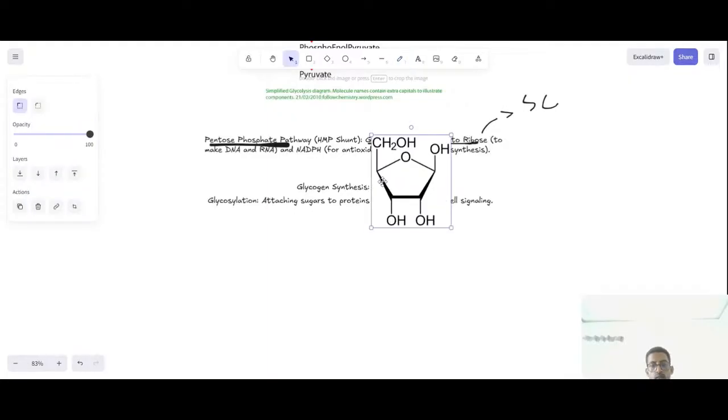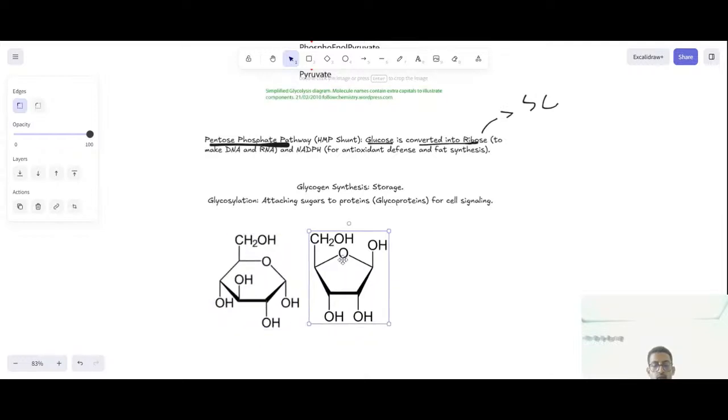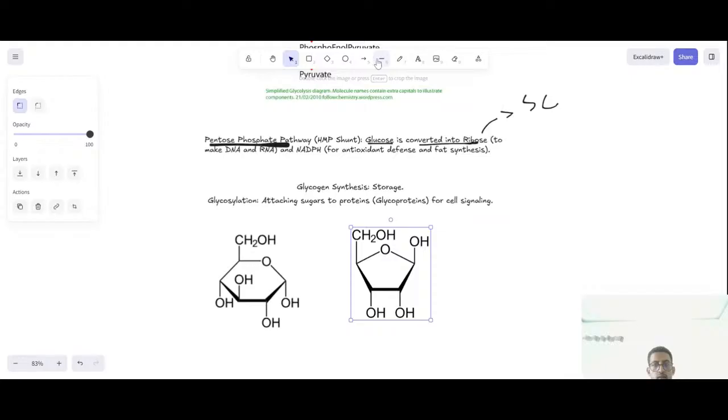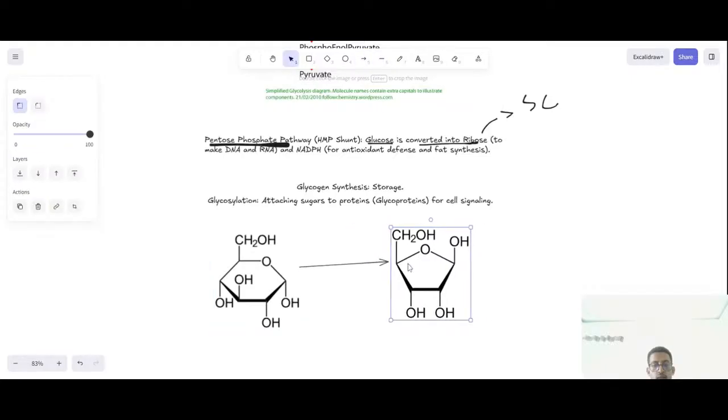So this is glucose, this is the structure. Guys have no clue, but okay. Just do the work. You see this, so glucose converts into ribose sugar with the pentose phosphate pathway.